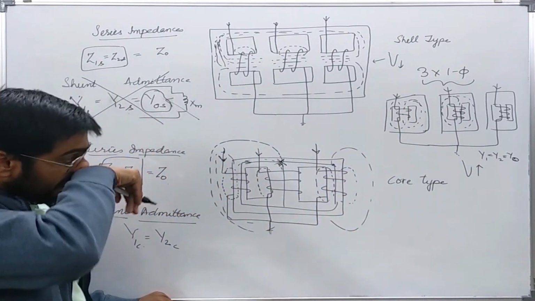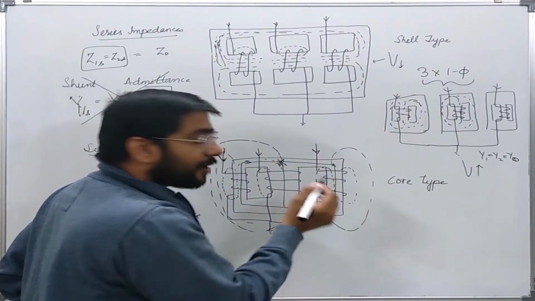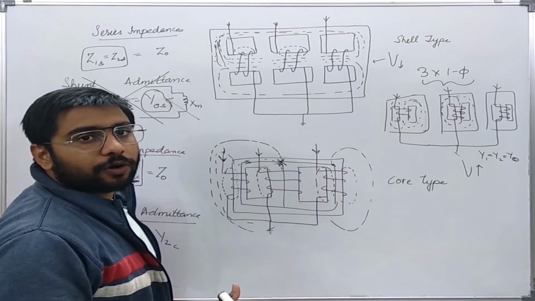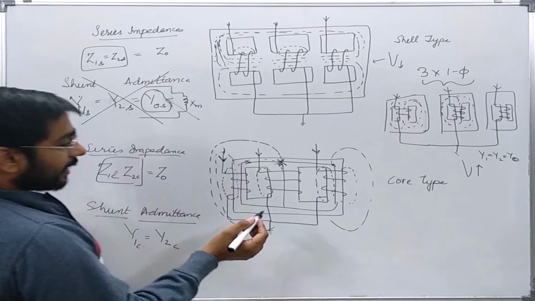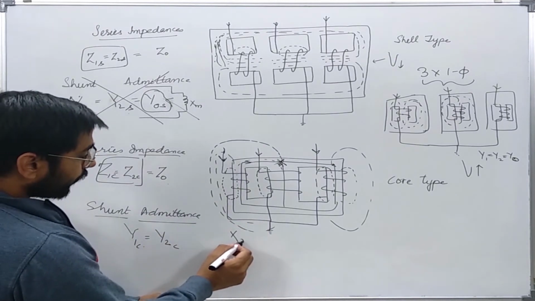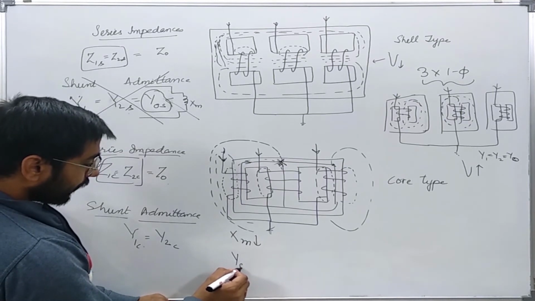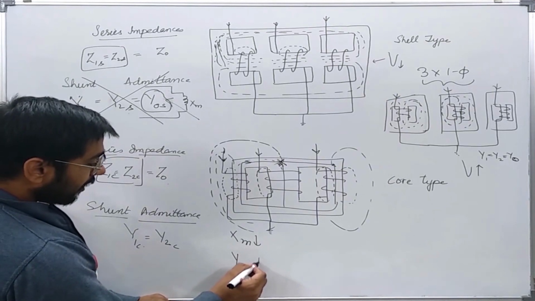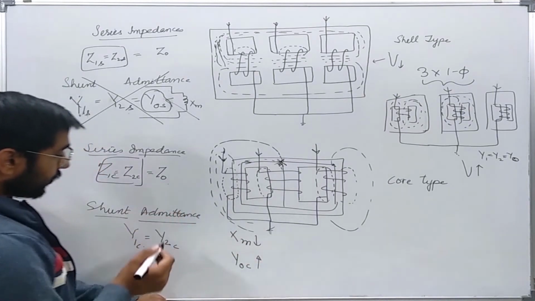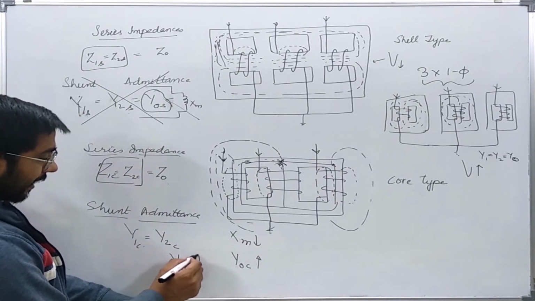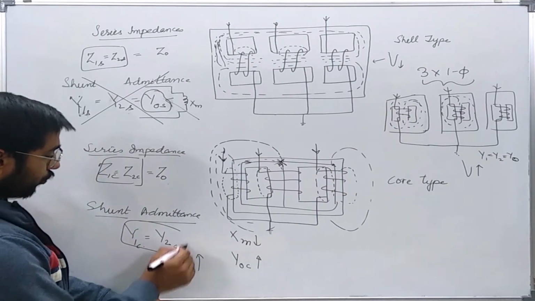So you see that the air will create a higher reluctance in this. Because of this higher reluctance, Xm will reduce. When Xm reduces, the zero sequence admittance will increase. So for that case, it is a little higher as compared to these two.